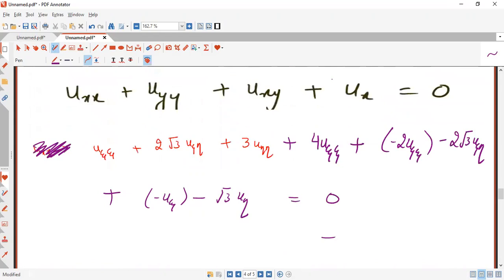See if anything is getting cancelled. 4 plus 1, 5 u xi. U eta is there.